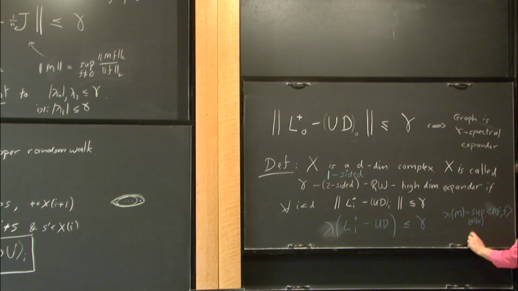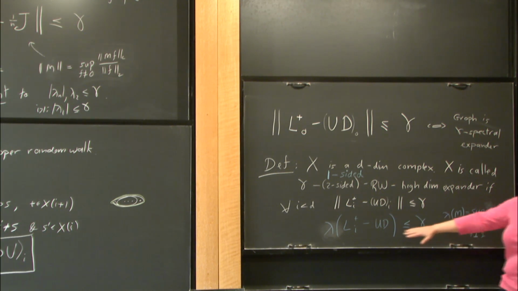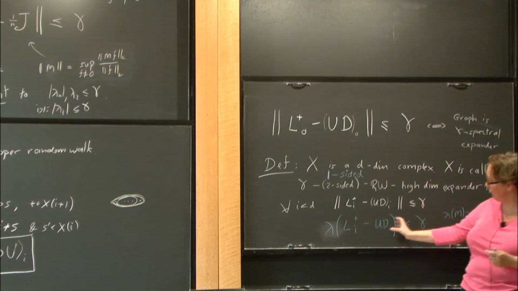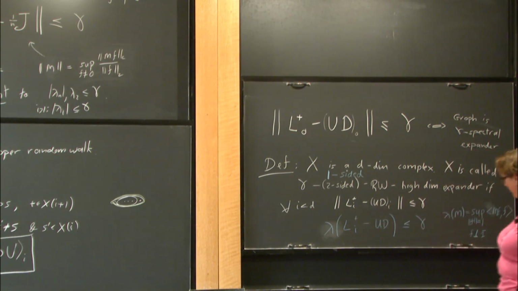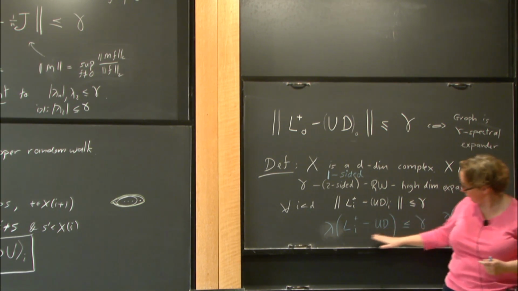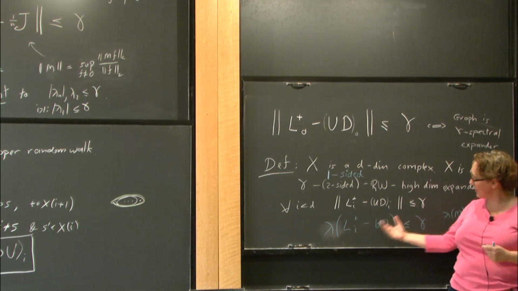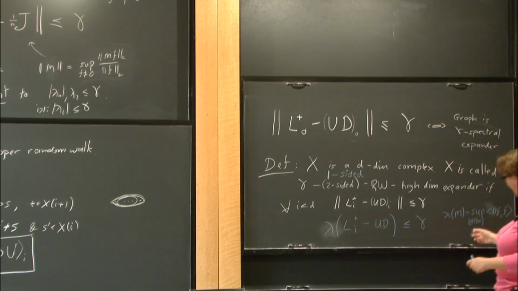Sometimes we also add F orthogonal to 1, so it depends. Let me define it like this: F orthogonal to the all ones. In this definition, I don't need it because the all ones will cancel out anyway. The all ones vector on this particular M has eigenvalue 0. So I don't need it there. But in general, let me make this definition.